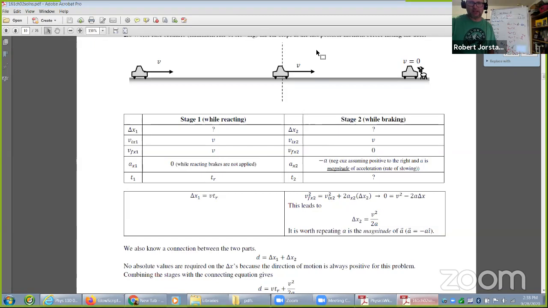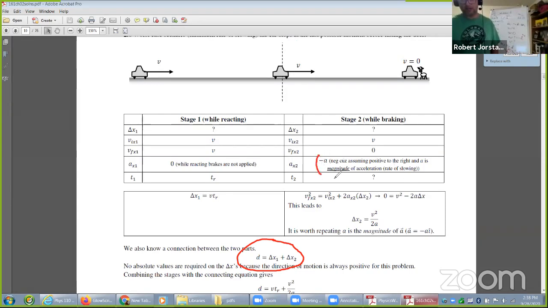Let me get out my annotation here. Here is the constraint or the connection between the two. All right. And notice again, read all these words carefully. So the rate of slowing is going to be this A, and the direction is the minus sign.